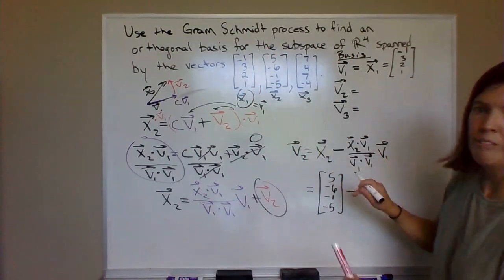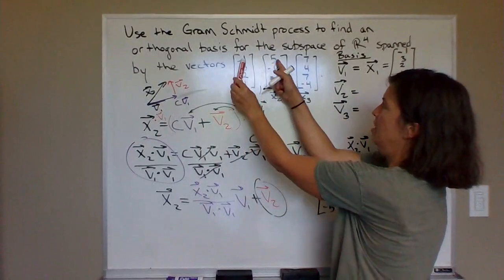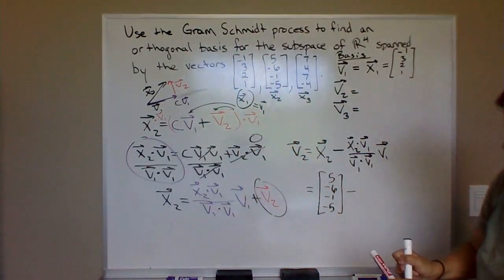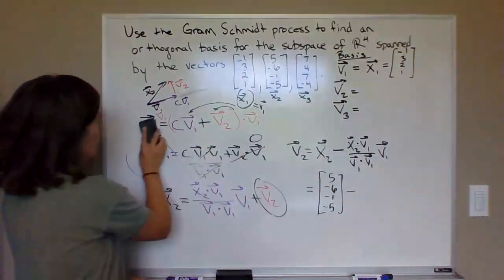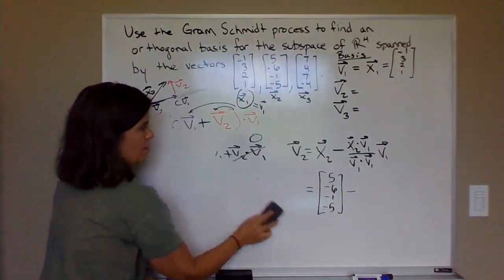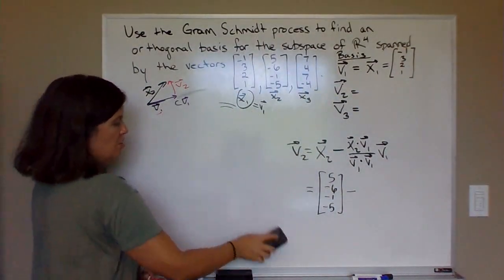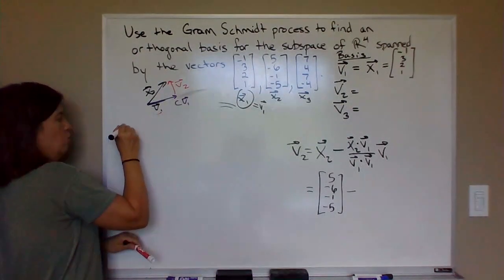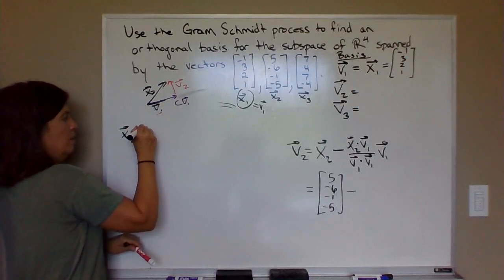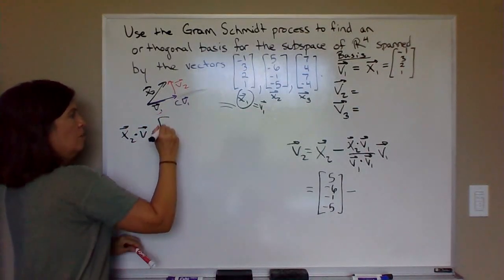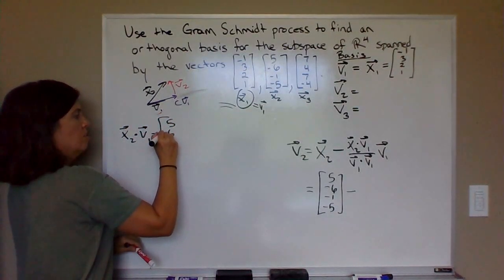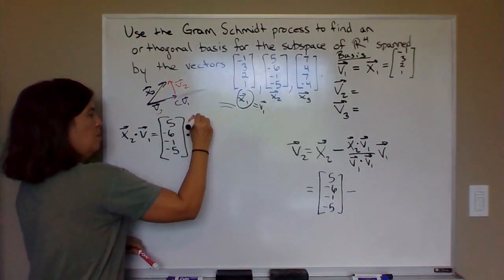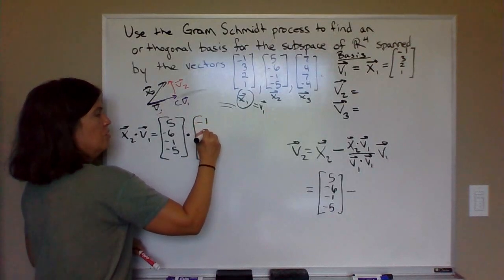So x2 dot V1, we're taking the inner product of these two vectors. Actually, let me write that over here. I'm going to show the computation. So x2 dot V1 is, all right, x2 is this vector, inner product with V1, which is this vector.